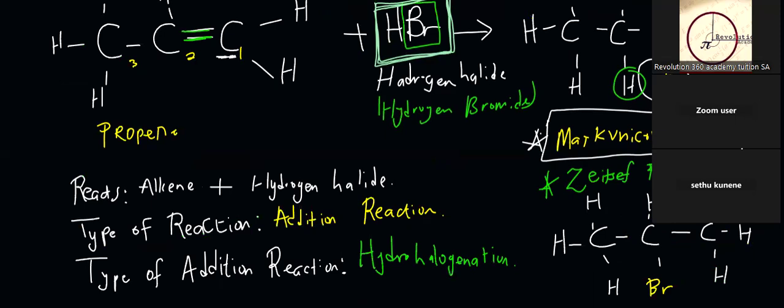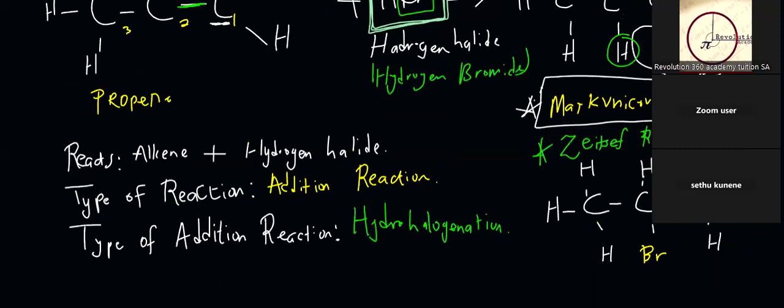And then the product formed, it will be what? The product formed will be a haloalkane because it's an alkane that comprises a halogen. So here the product formed, you'll say it's a haloalkane. Am I making sense?